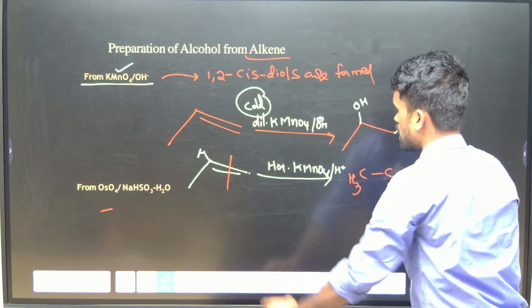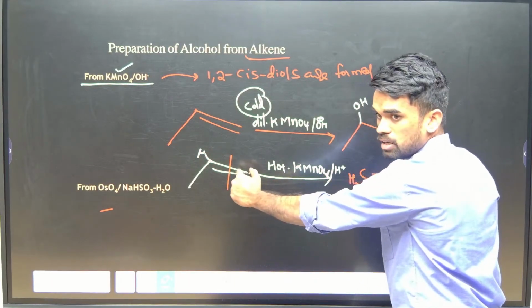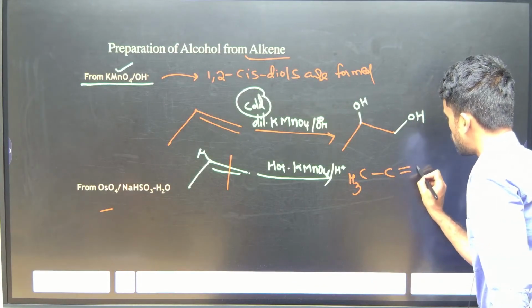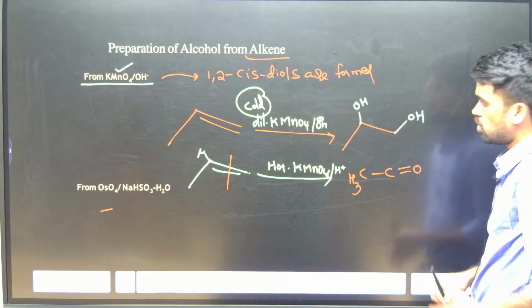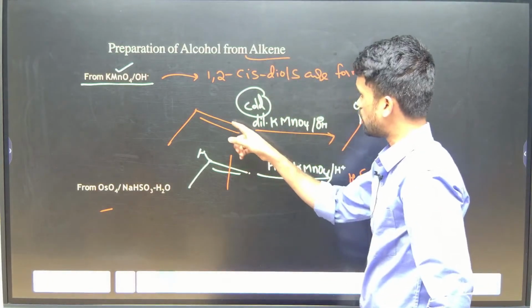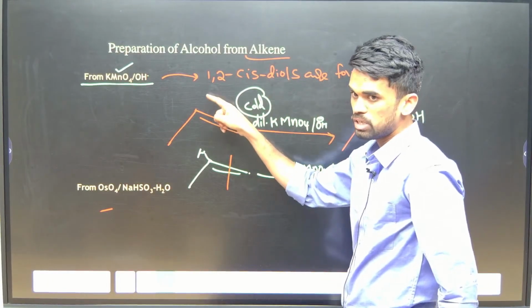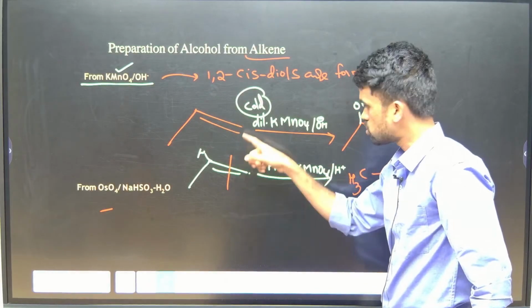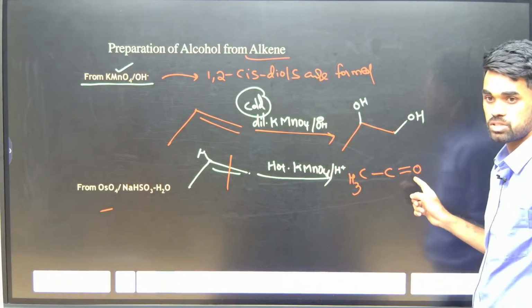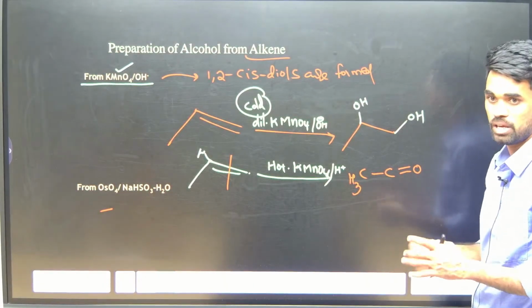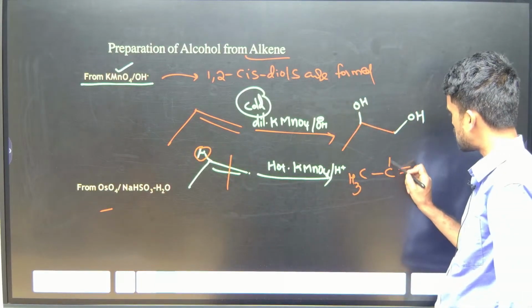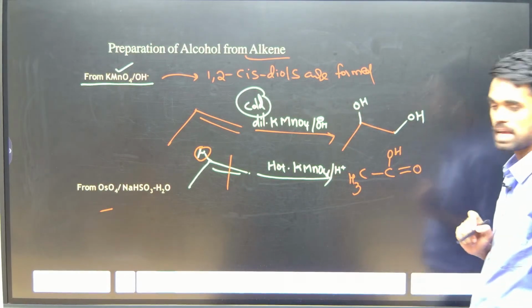This is the double bond carbon, so there you insert one oxygen. Here only one bond you are breaking, there what you inserted? OH. But here you are breaking 2 bonds, so to that put an oxygen. I am saying it in a tricky way: if there is any directly attached hydrogen, that will be converted into OH, and a carboxylic acid is formed.